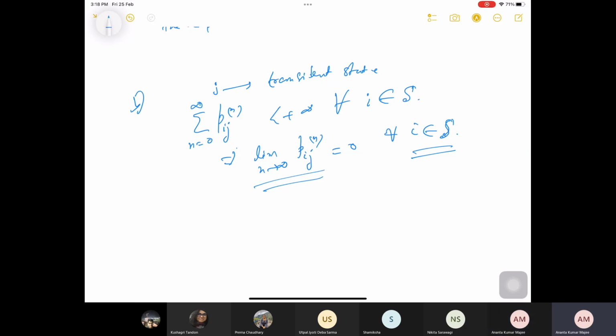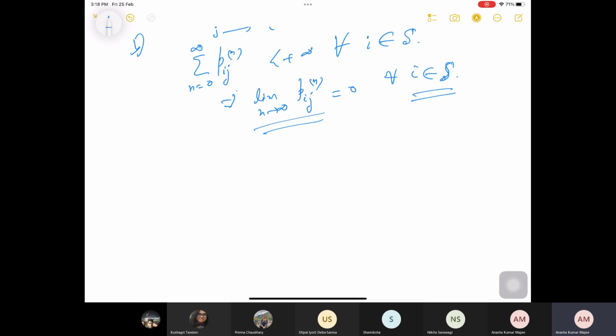So it's a natural question: what happens if j is a recurrent state? The limiting properties of the n step transition probabilities are given by the following theorem. I am not going into the proof of this theorem, but I will use it.